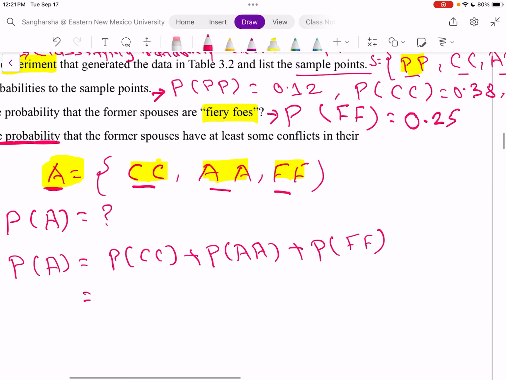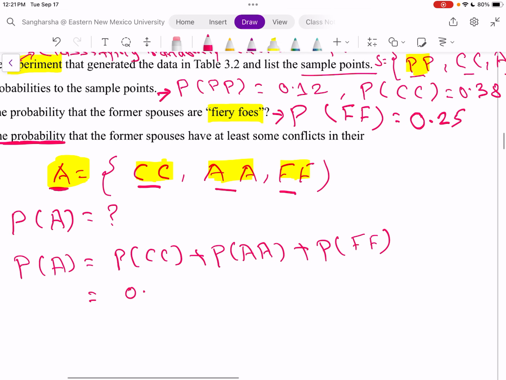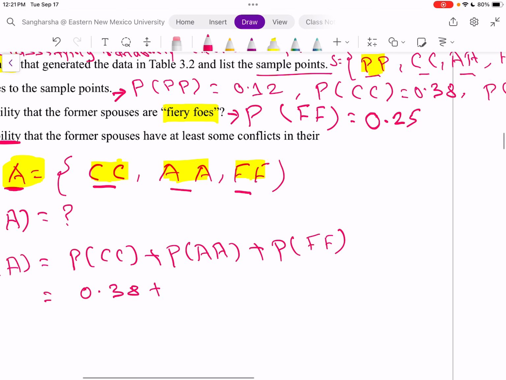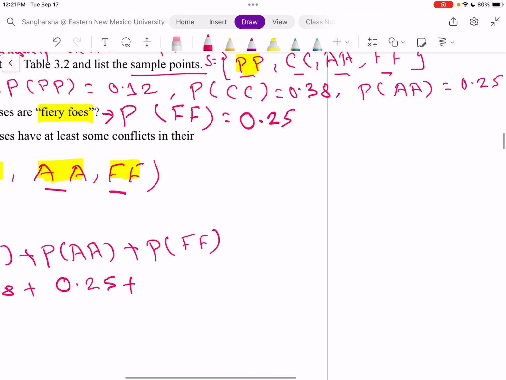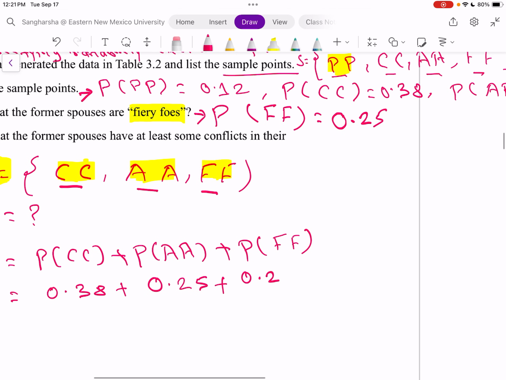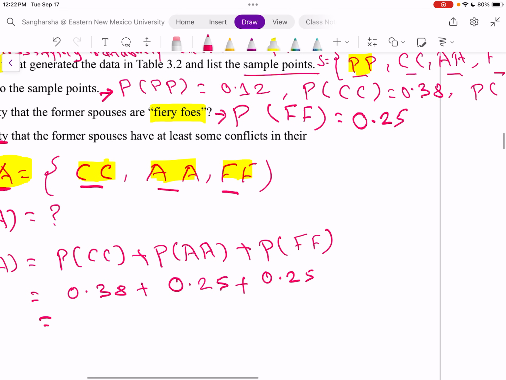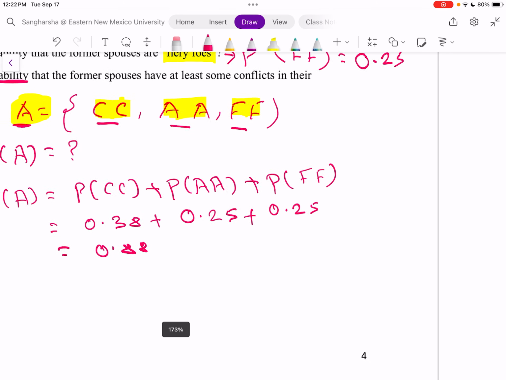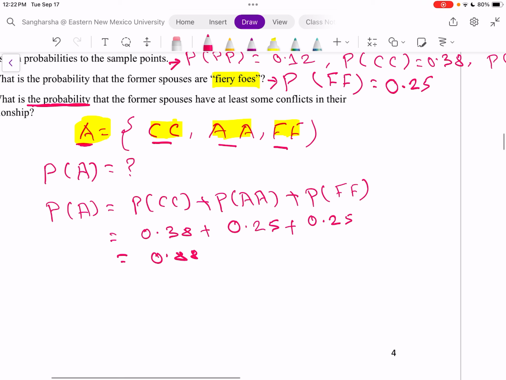P of CC is 0.38 plus P of AA 0.25 plus P of FF is 0.25, and this is 0.88. So 88%, or 0.88, is the probability that the former spouses have at least some conflicts in their relationships.